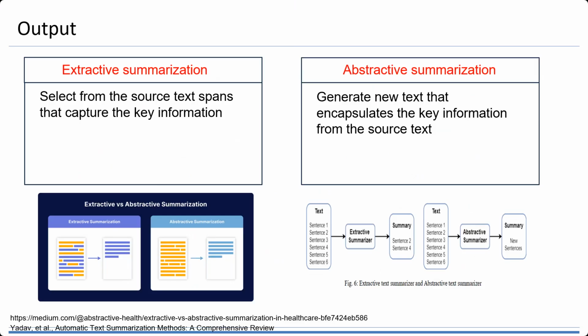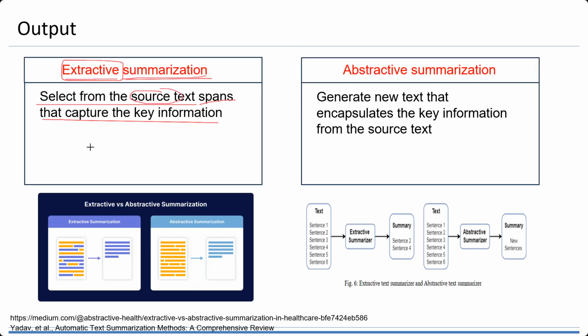There are two kinds of summarization. The first, we call it extractive. Extractive summarization means we select from the source text spans that capture the key information. It means I have the sources.